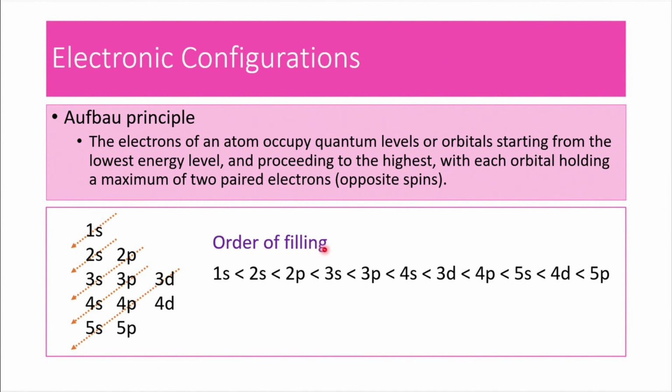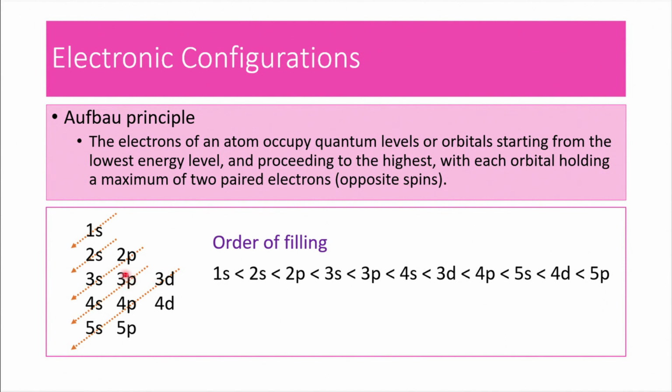The order of filling is given here. First the 1s orbital, which has the lowest energy, will be filled, followed by the 2s orbital, which has a little bit higher energy. Then the 2p orbitals will be filled, followed by 3s, 3p. After the 3p orbital, we do not directly fill the 3d orbital, because the 4s orbital has lower energy than the 3d orbital.